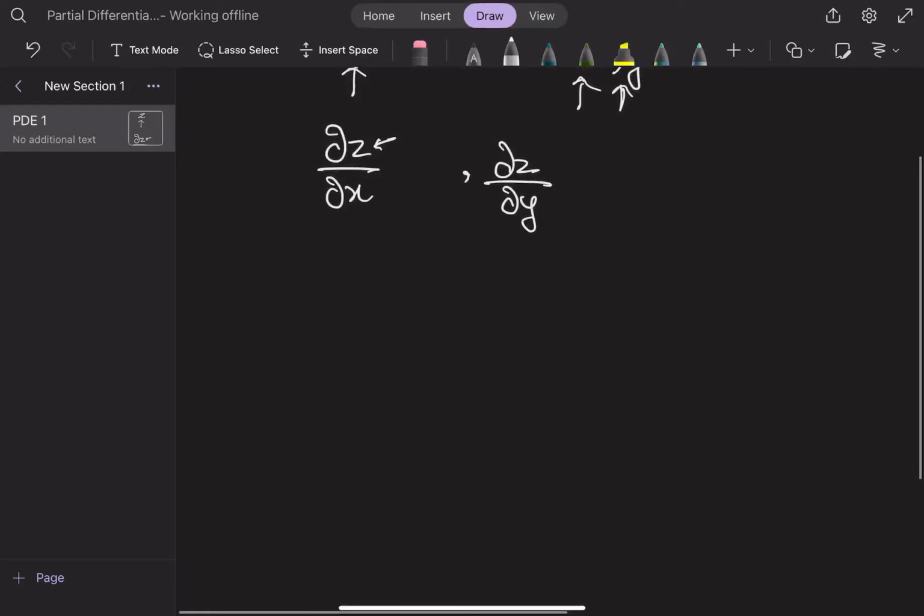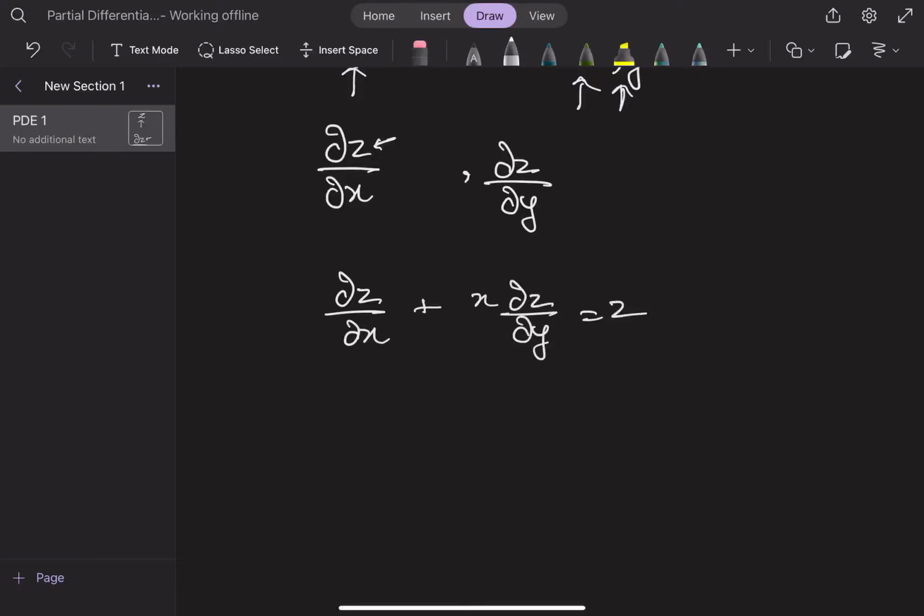For example, del z by del x plus x times del z by del y is equal to z. This is an example of a PDE.